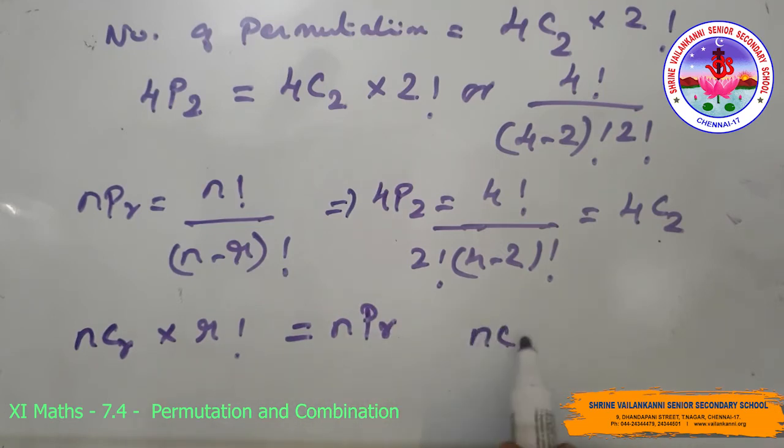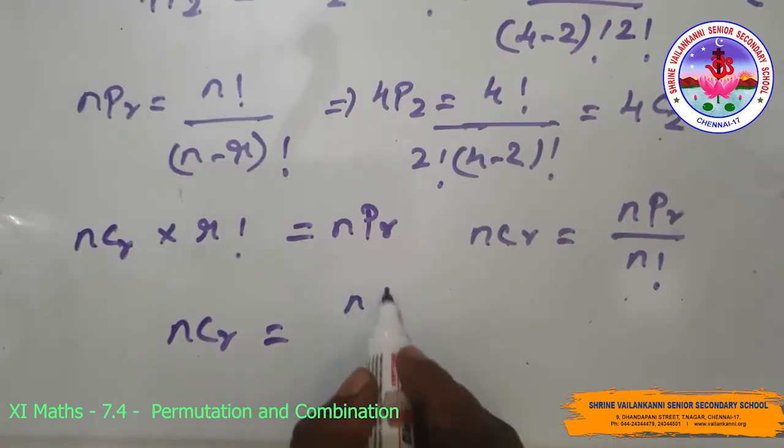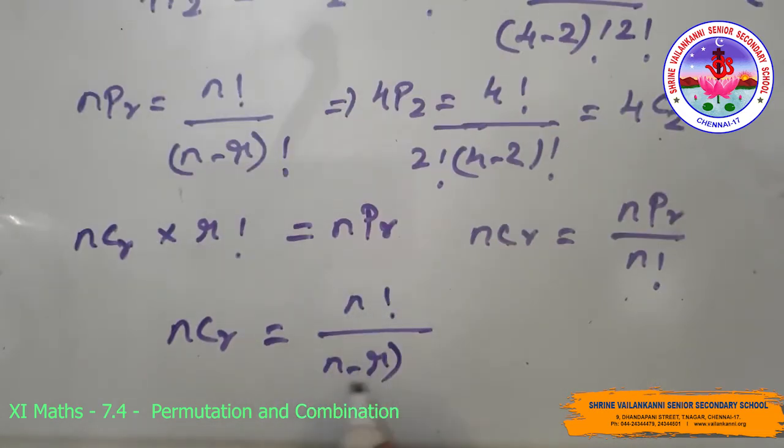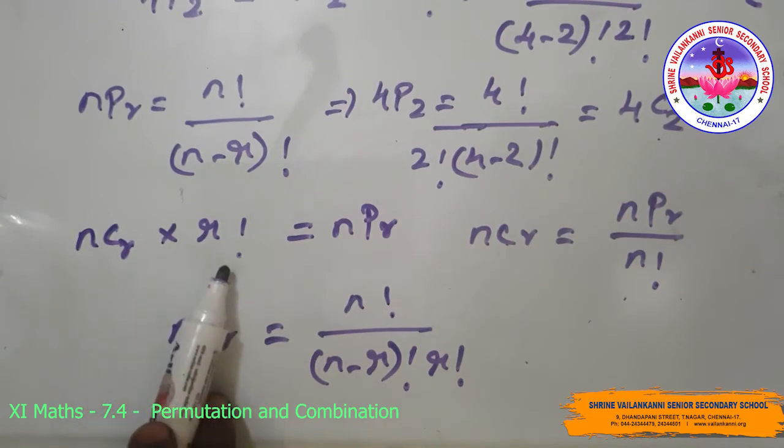So nCr is nPr by r factorial. So nPr is n factorial by (n minus r) factorial. So the total number of permutations of n things taken r at a time is nCr into r factorial.